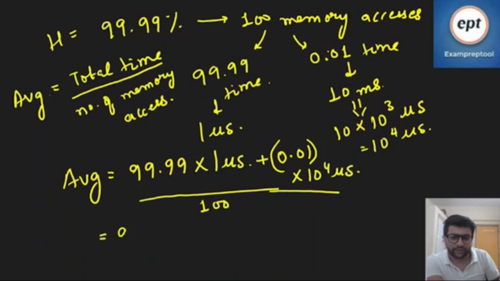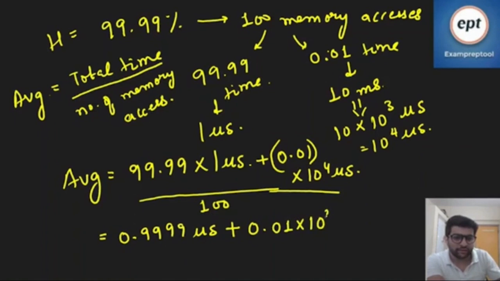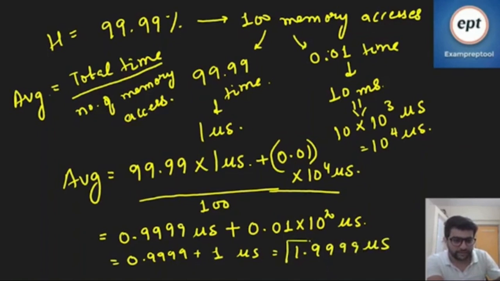If we solve it further, it will be 0.9999, because I am just dividing 99.99 microseconds by 100, plus 0.01 into 10 power 4, dividing by 100, which is 1 microsecond. So it is 0.9999 plus 1 microsecond, which is 1.9999 microseconds. And this is our final answer.